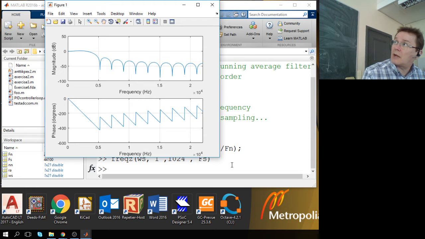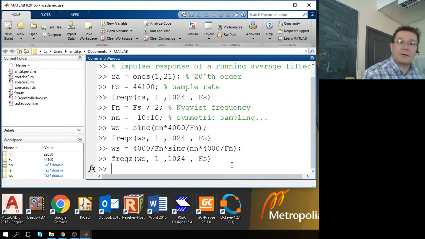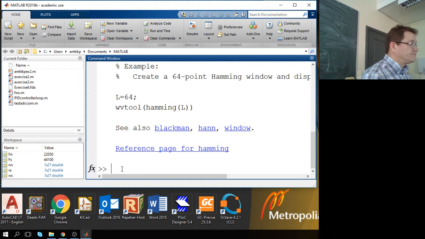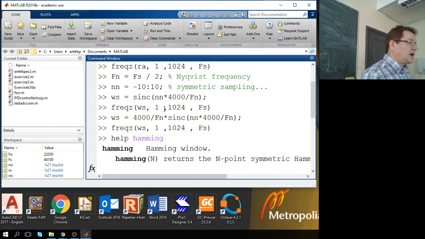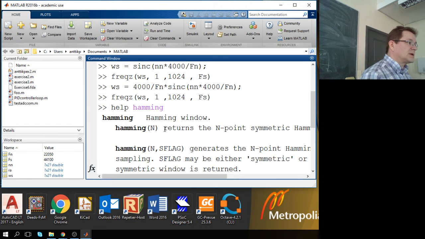Okay, but I'm not too happy about the smoothness of that system. To get a little bit smoother system, we can actually call a window function. Let's take help on Hamming. Hamming window. It returns an endpoint symmetric Hamming window.